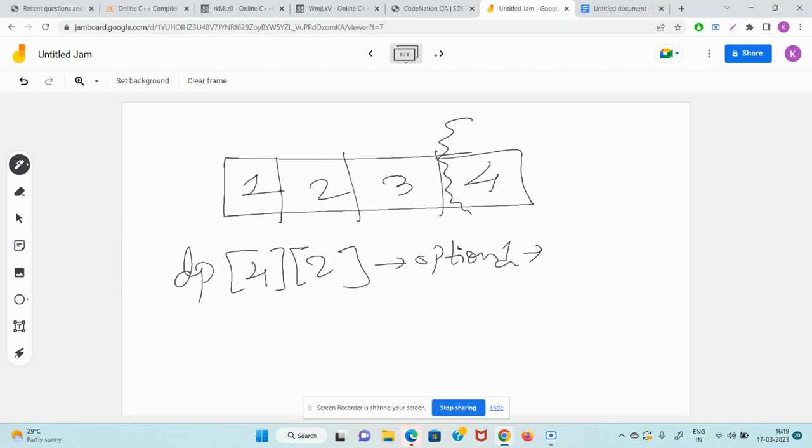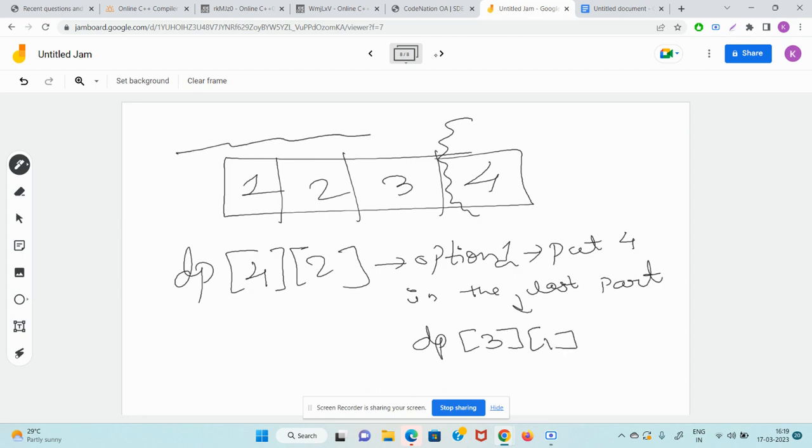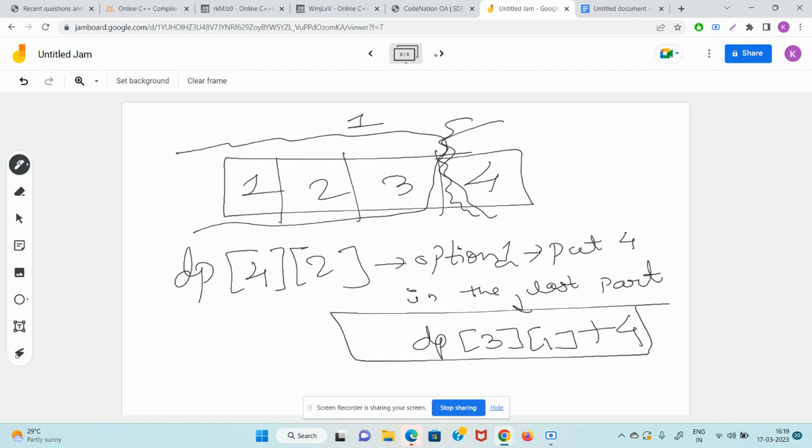Put 4 in the last part. Then the answer would be what? dp of 3 of 1, which means dividing this much into one part, plus the second part, which is 4. This is option number 1.